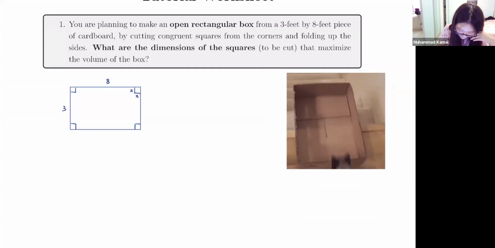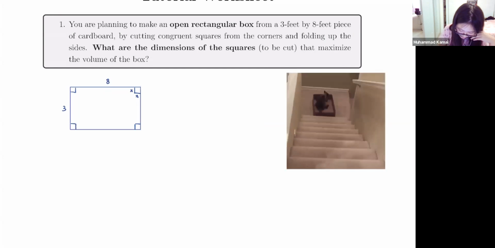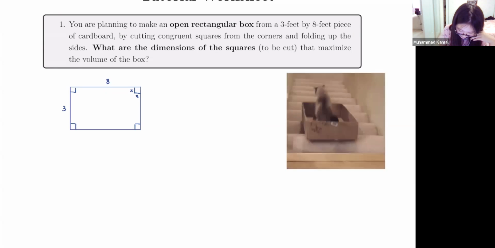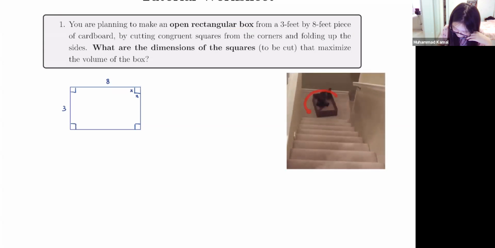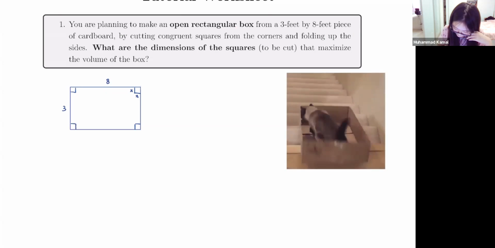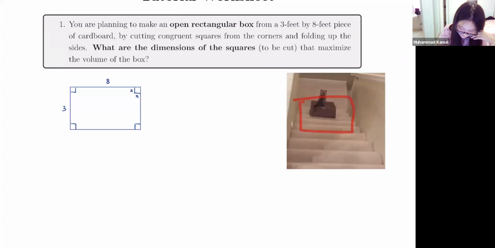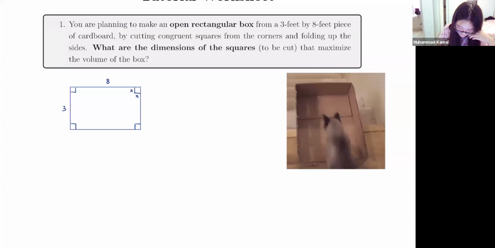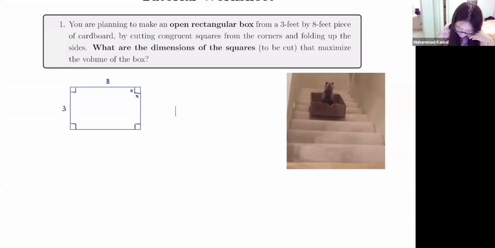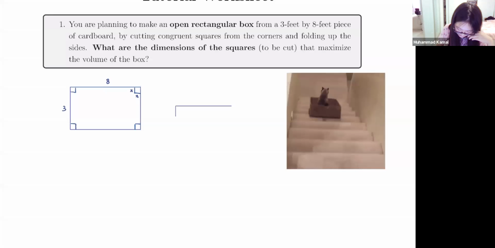Okay, and then you are folding this into a rectangular box like this, an open rectangular box. So if you fold it up, it's going to look something like this.